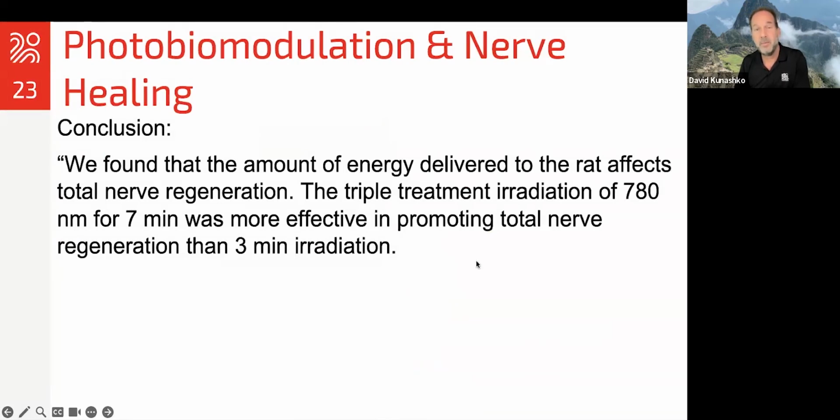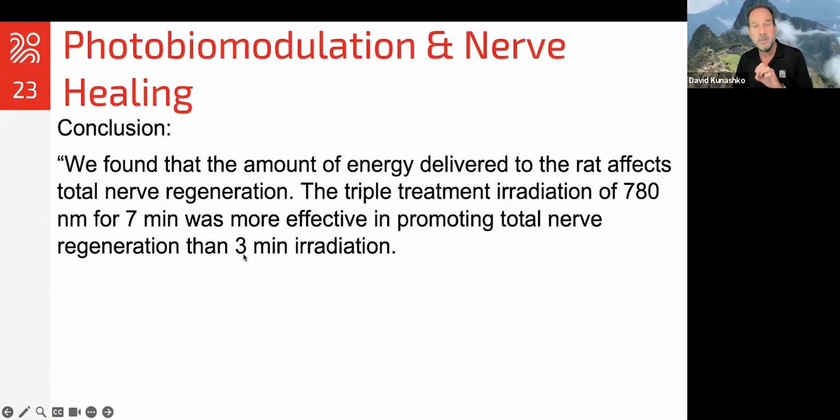What they found was that the amount of energy delivered to the rats affects total nerve regeneration. The triple treatment irradiation of 780 nanometers for 7 minutes was more effective in promoting total nerve regeneration than the 3-minute irradiation. I thought that was pretty interesting.